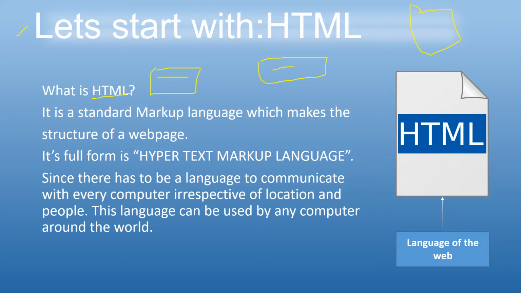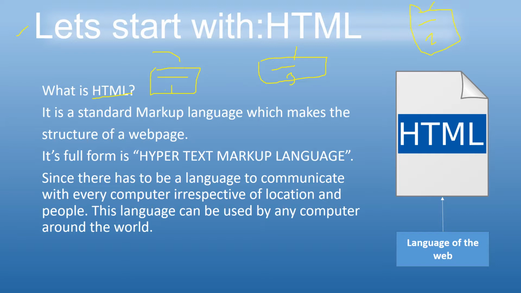You have a web page, he has a web page, 3 persons, each from a different corner of the world, probably in different languages, doesn't matter. Once you upload these things on the internet, this guy can see this guy's stuff, and this guy can see this guy's stuff, right? So there has to be a universal form of language, right?